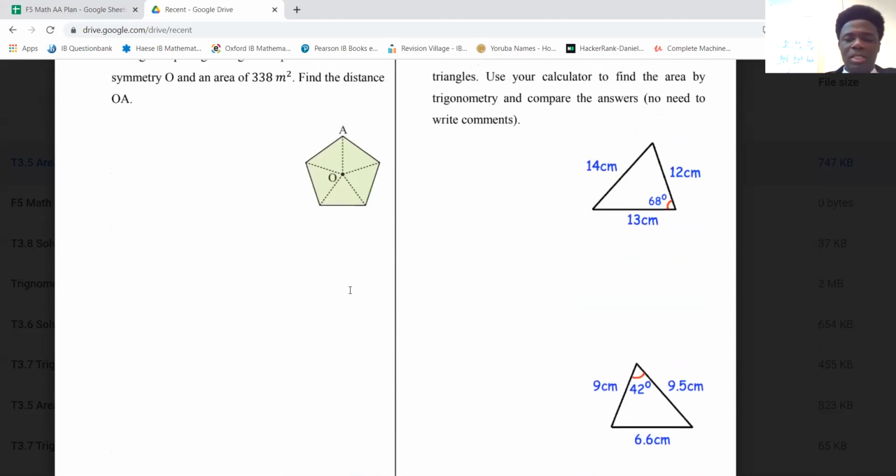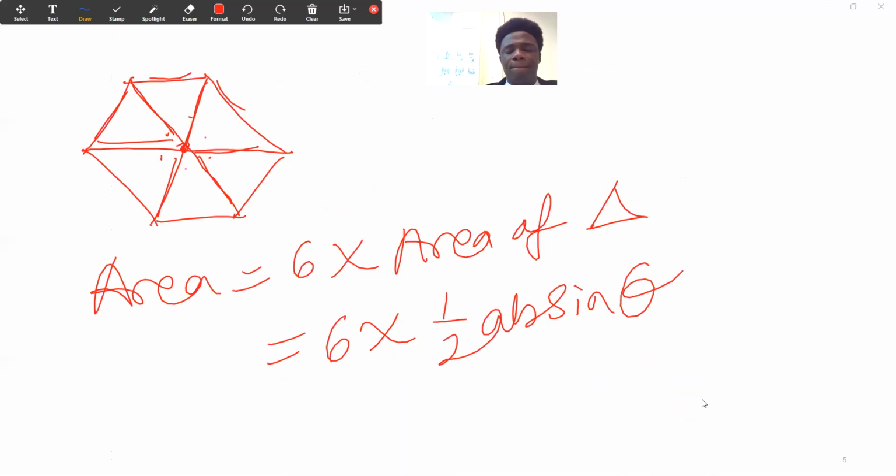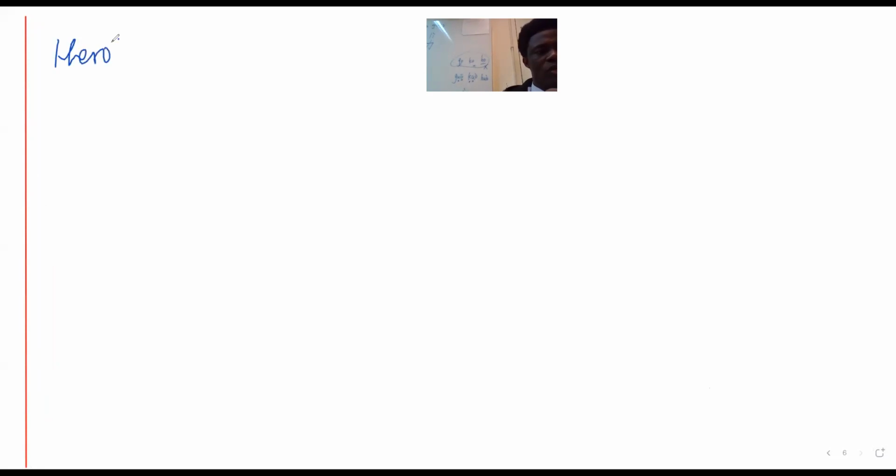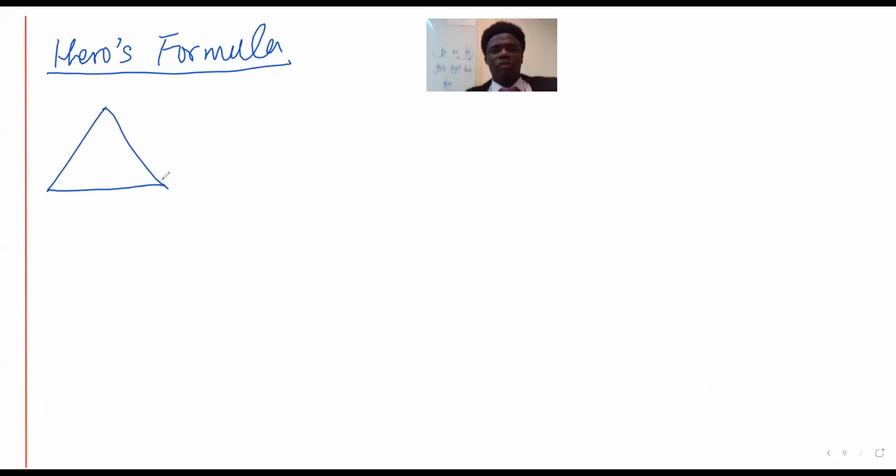Okay. Now the last thing that I want you to learn is called Heron's formula. This does not require a proof because the idea is not necessary at this point. I'm just going to state it and tell you how to use it. So area of a triangle by Heron's formula. Now, the previous trigonometry formula is used when you have 2 sides and the angle between them.